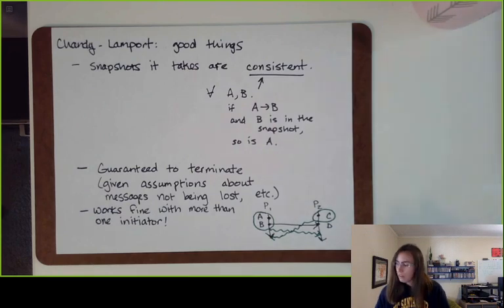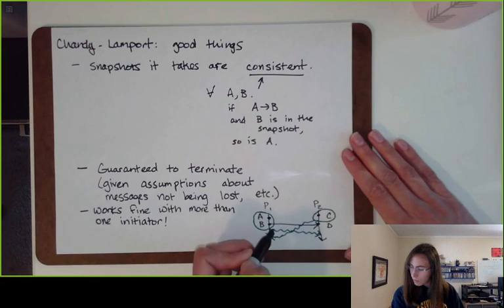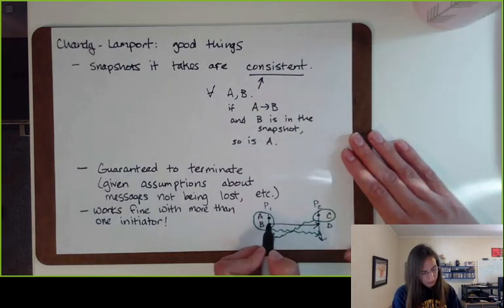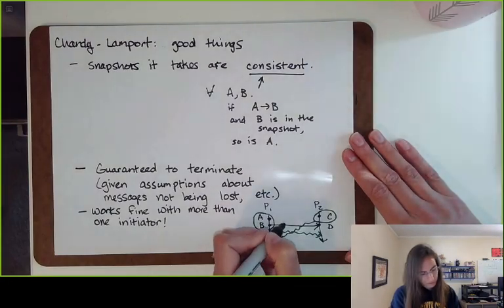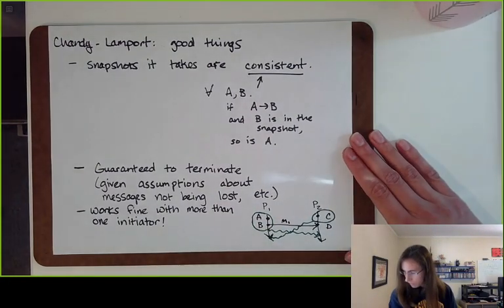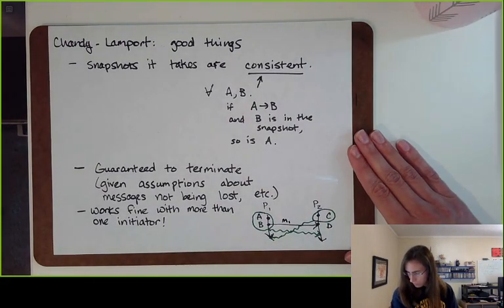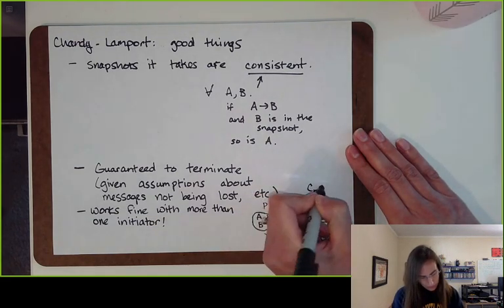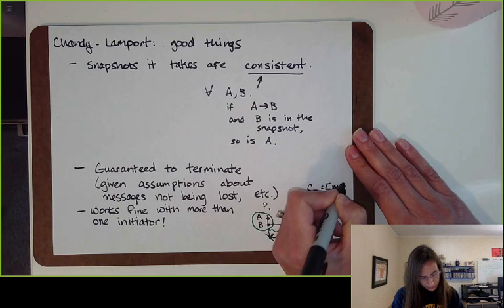So this works fine. When they send out their markers, they both start recording their incoming messages, right? So now P2 over here is going to record this incoming message right here. Let's call it M1 that went from B to D. So its channel right here is going to end up with M1 in it.